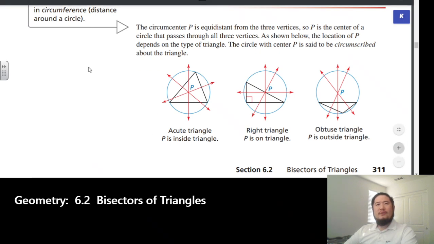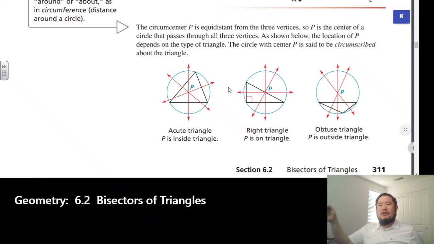So look here, this is page 311. We have our triangle, and it's being circumscribed. Remember, think of circumference being the outside part of a circle. So when we think of circumcenter, let's think about the outside of the triangle. It's being circumscribed or surrounded by the circle.